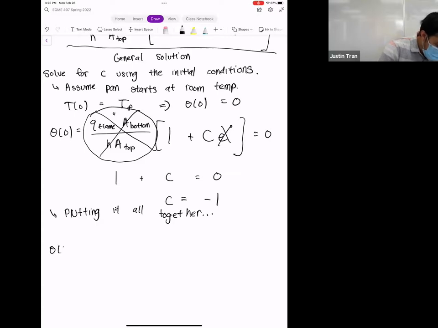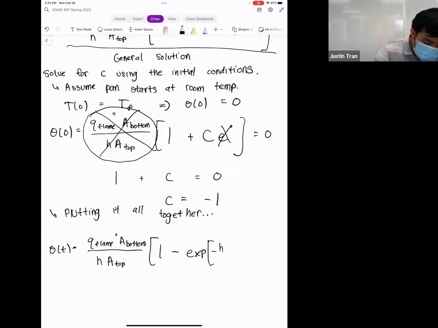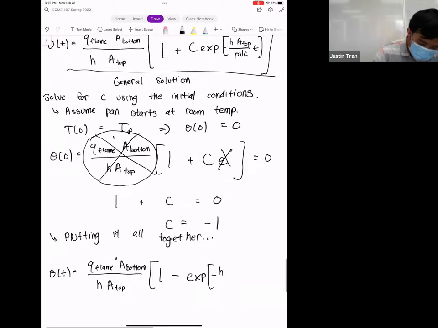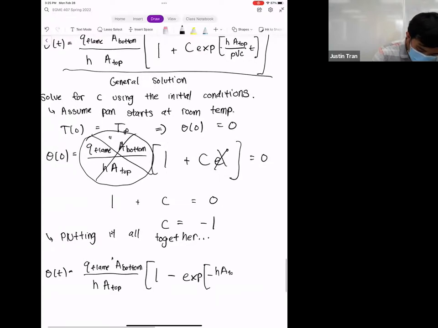And so we put it all together, we get theta of t is equal to Q flame double prime times A bottom, divided by H times A top, times 1 minus exponential of minus H A top divided by rho V C t.